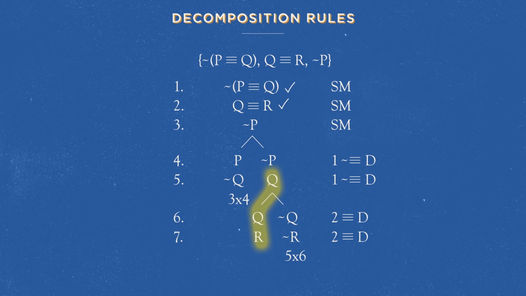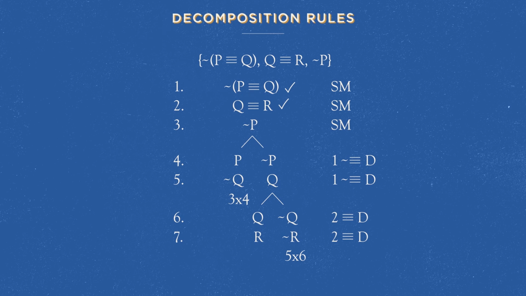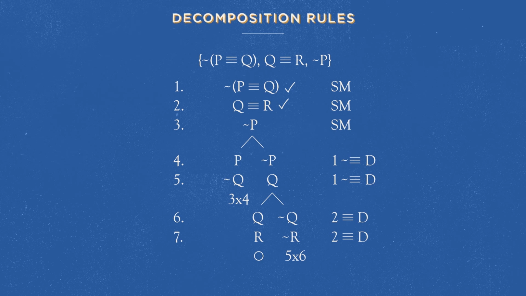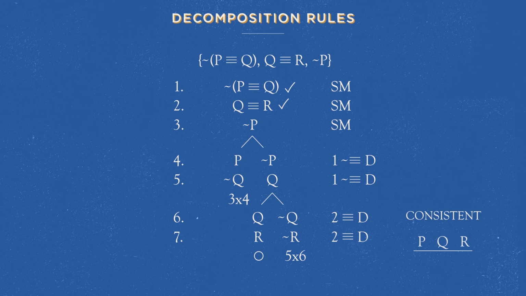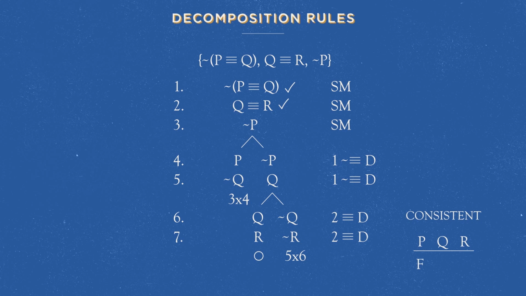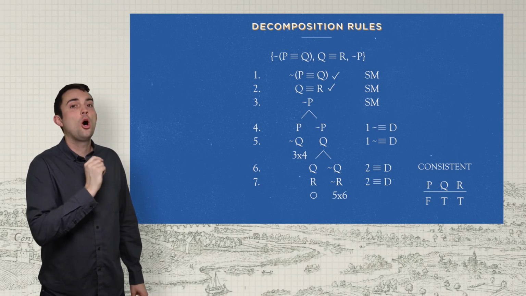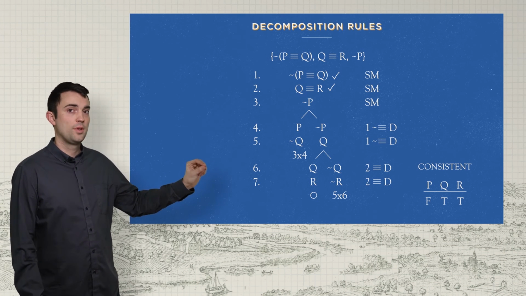But there's no contradiction along the left branch. Everything is decomposed into literals or checked off propositions, and so we have an open branch, and we can recognize that these propositions are consistent and move on to recovering the truth values. We have P is false, Q is true, R is true. So the truth values of the component parts when all three of the propositions are true is false, true, true.